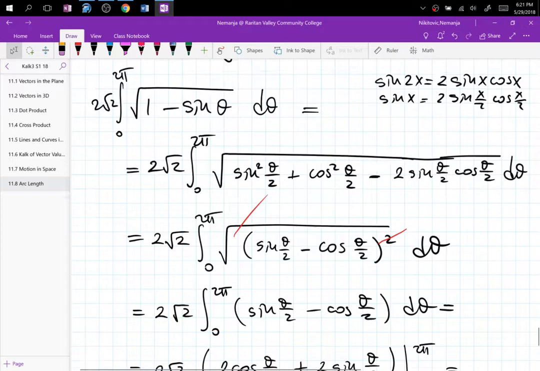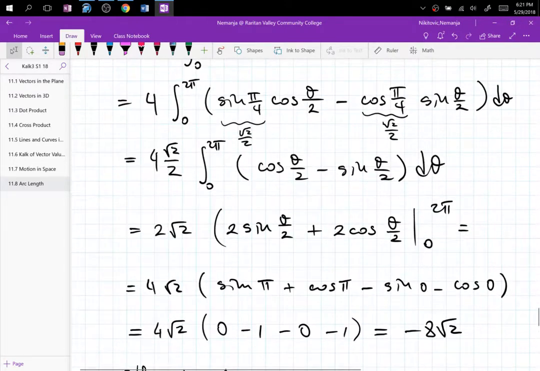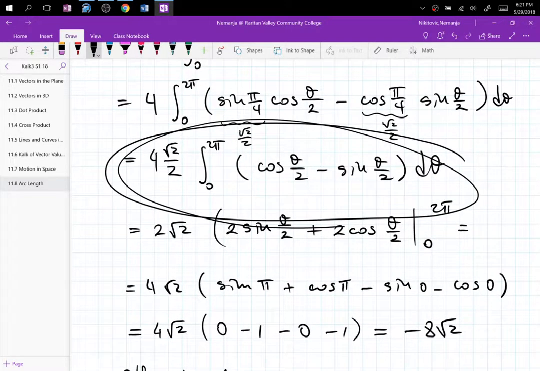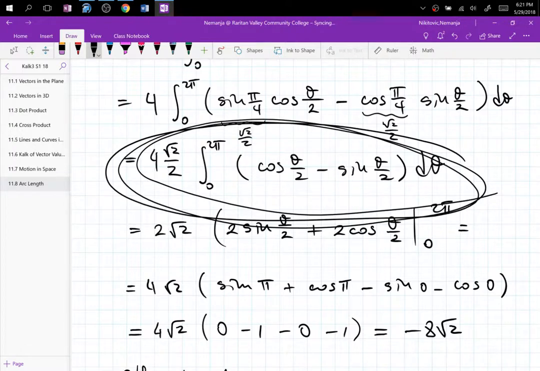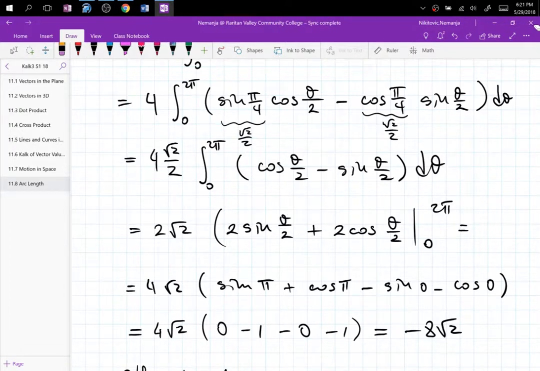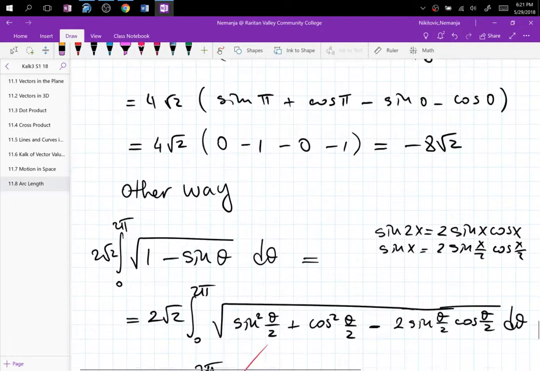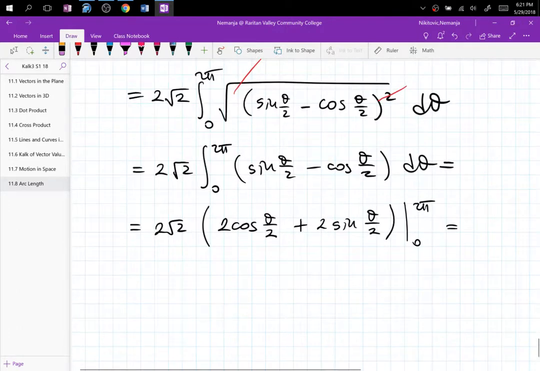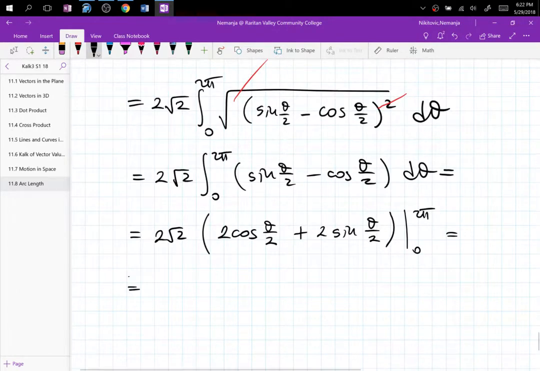Guys, I have the same. I had it over here. So now you plug in 2 pi. It doesn't matter which way you do it, you get to the same point. So 2 root 2, when you plug in, you factor out 2, you make this 4.